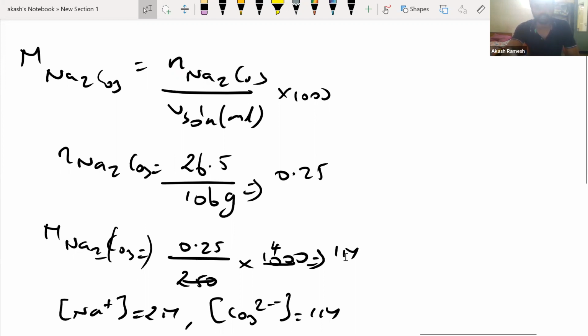Same way, if I have 1 M, the concentration of Na plus would be 2 M because it's twice. Same way, I have only one CO3 2 minus ion in 1 molecule of Na2CO3, so if I have 1 M of the whole thing, the CO3 2 minus concentration will also be 1 M.